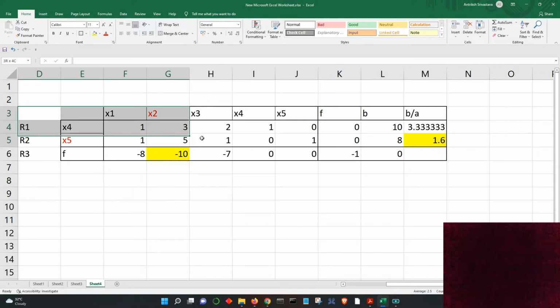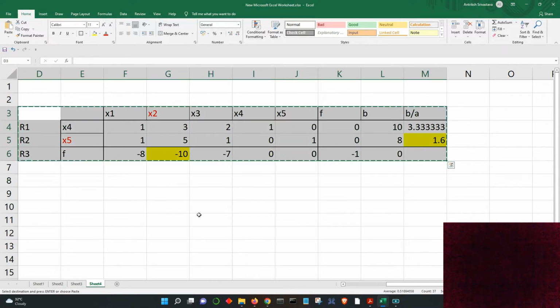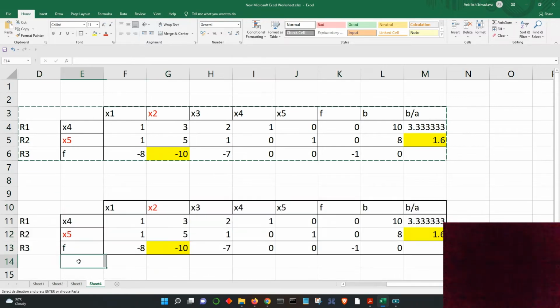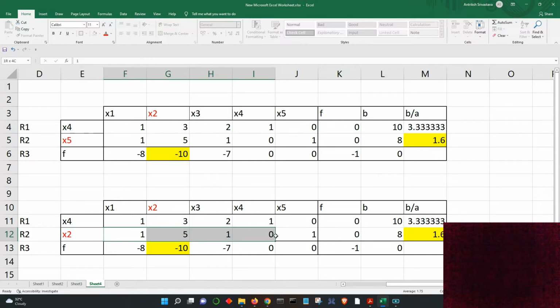And when that happens, we have to remove this. So we will make a new table and instead of X5, we will write here X2. And we will leave this particular row as it is.